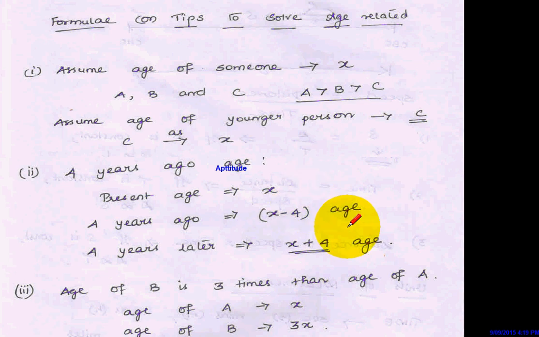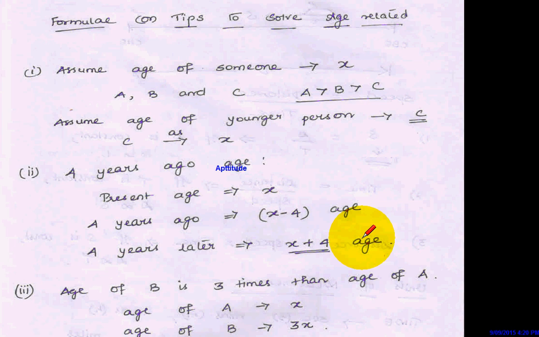And the second tip is, in some other problems we come across the age as 4 years ago or 4 years later. So the present age of that particular person is also not known. So we can assume the present age of the person as X. 4 years ago, we are dealing with the past, so we need to subtract 4 from the present age.